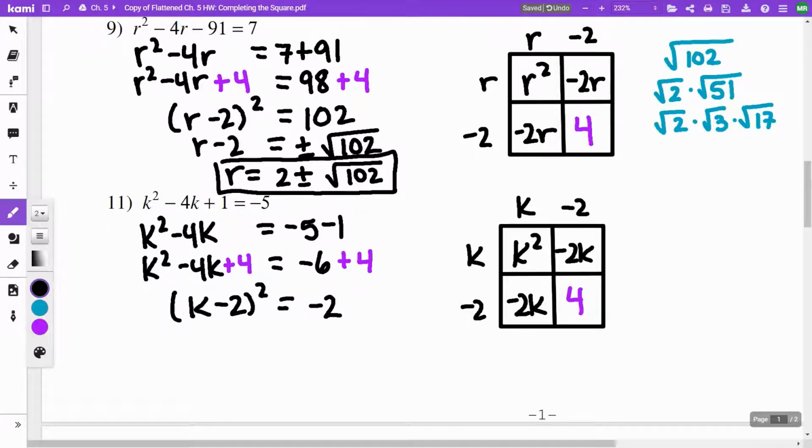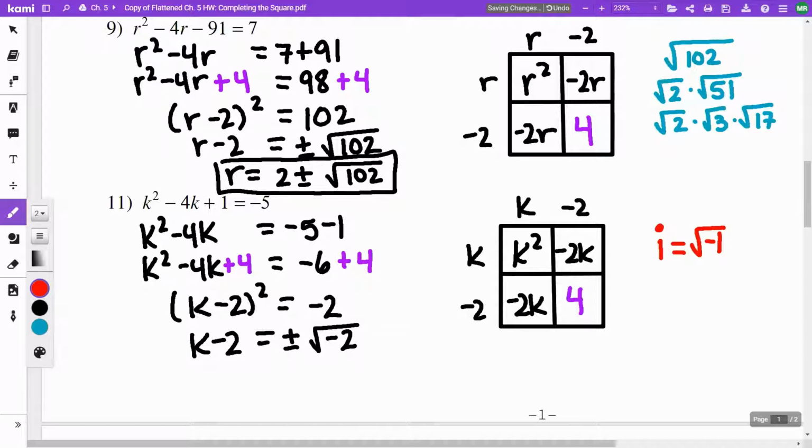Now, in the past, if I had to take the square root of a negative, because that's what's going to happen here, I'm going to have k minus 2 is equal to plus or minus the square root of -2. We would have said no solution, but we have learned that we have something called an imaginary number, where i represents the square root of -1.